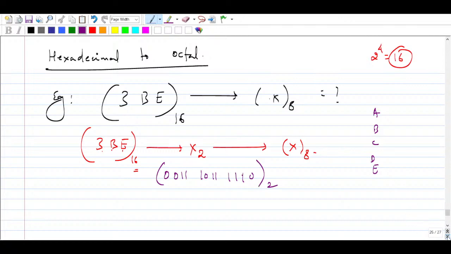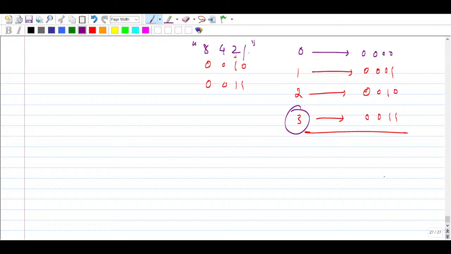So these tables we will discuss, don't worry. Just for the moment I am telling you. So using weighted position weight, we can convert into binary.